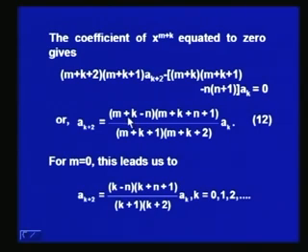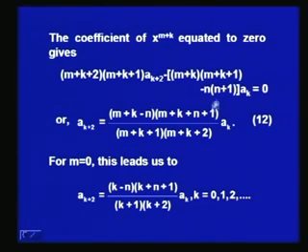The numerator, that is m plus k minus n, m plus k plus n plus 1, comes out from here, which can be written as m plus k whole square plus m plus k minus n square minus n, and so m plus k whole square minus n square can be factorized into m plus k minus n into m plus k plus n, and then we can take m plus k minus n common.